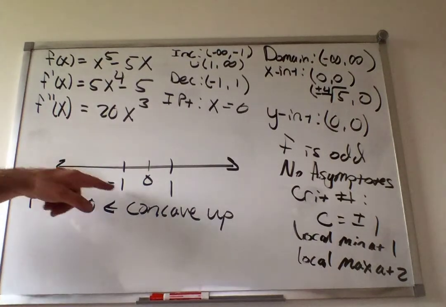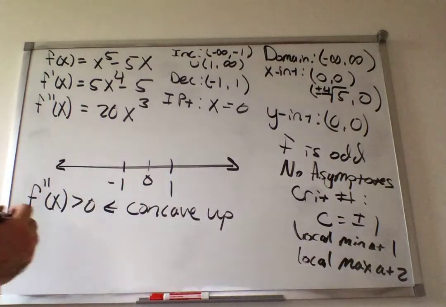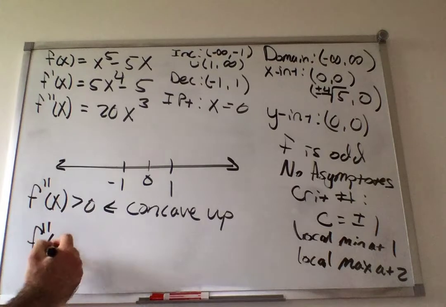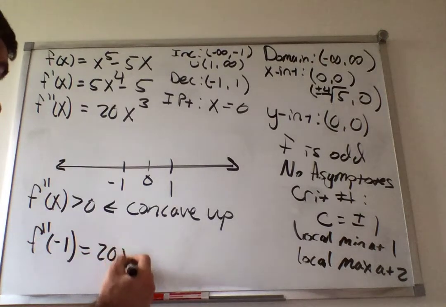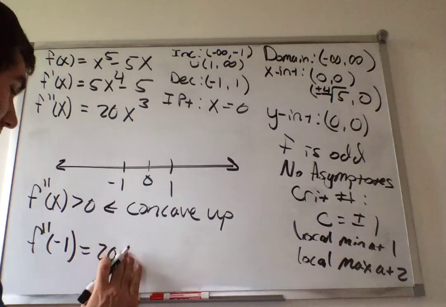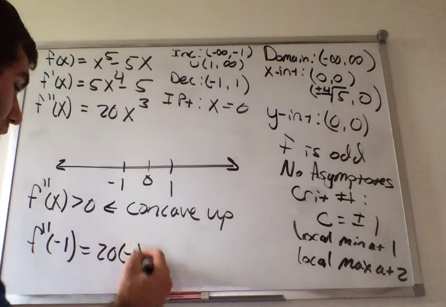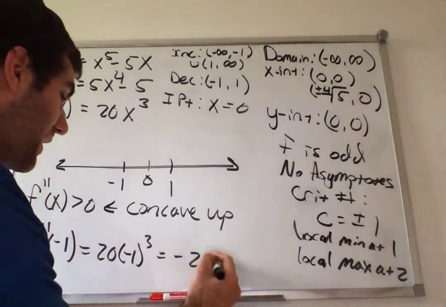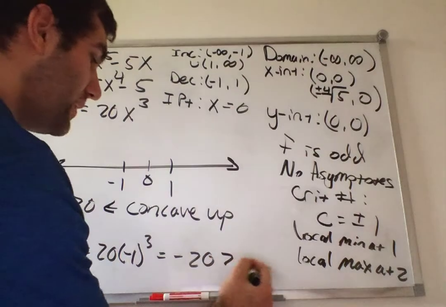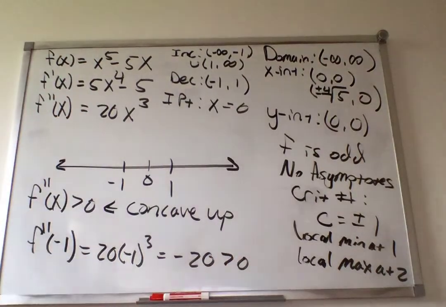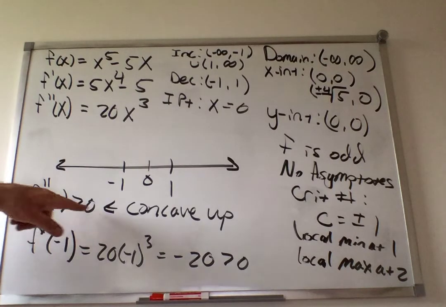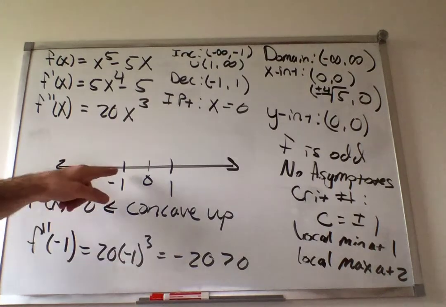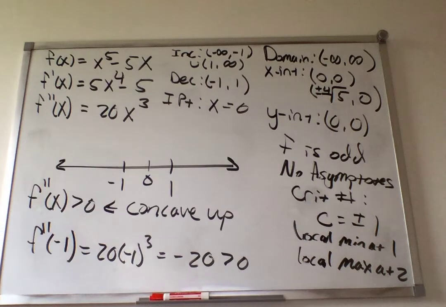So let's take our test value and plug it in here. F double prime of -1 is 20 times -1 to the third, which is -20. We're looking for concave up intervals, so it needs to be greater than 0. Is this greater than 0 at -1? It is not.